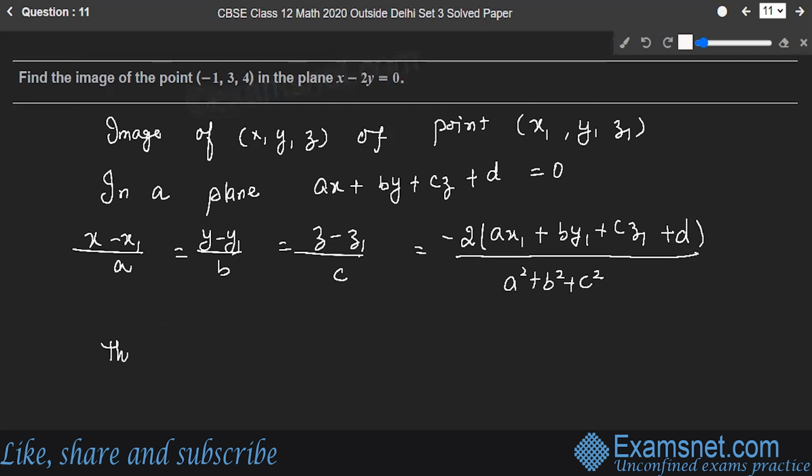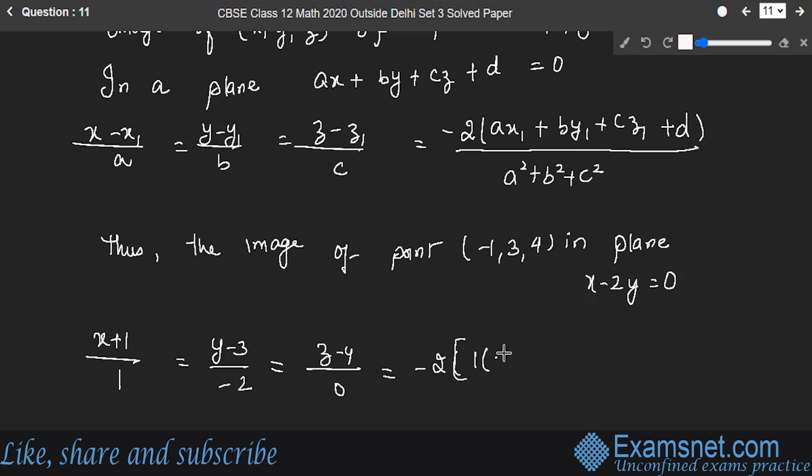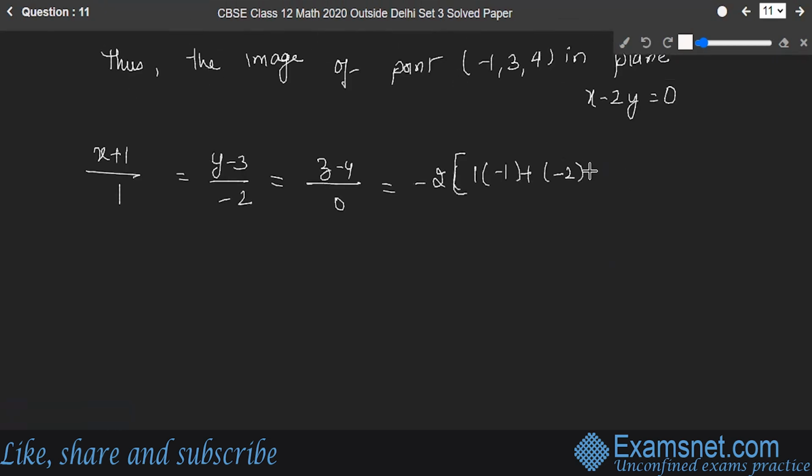Thus the image of point minus 1, 3, 4 in plane x minus 2y is equal to 0 is x plus 1 upon 1, y minus 3 upon minus 2, z minus 4 upon 0, is equal to minus 2 into (1 into minus 1, minus 2 into 3, plus 0 into 4) whole divided by 1 square, that's 1, plus minus 2 square, which is 4, plus 0.